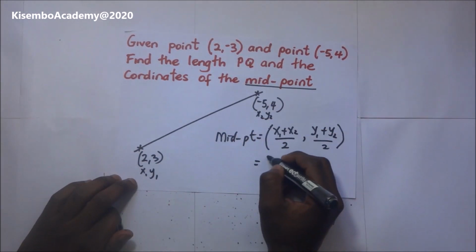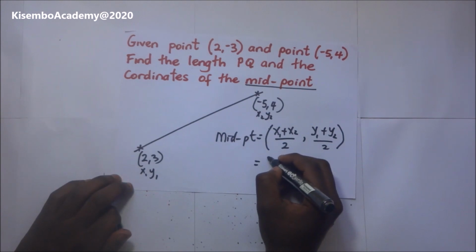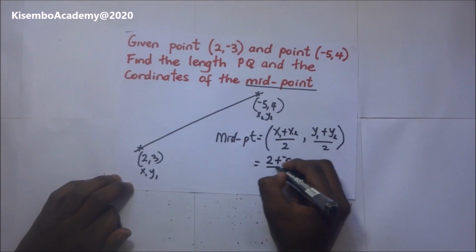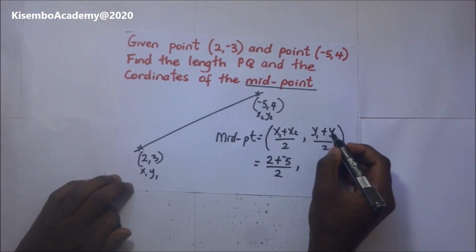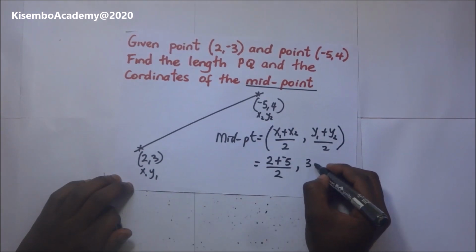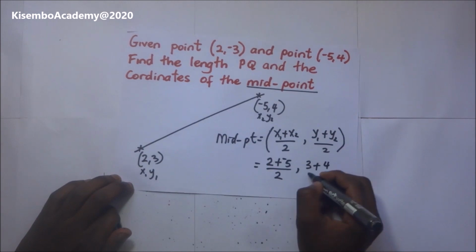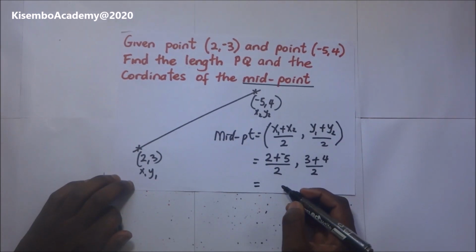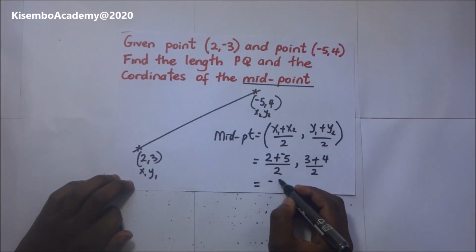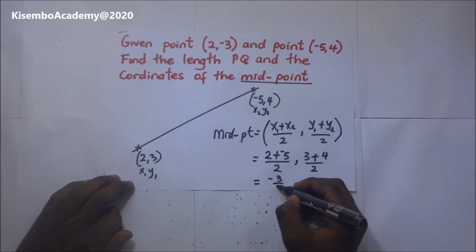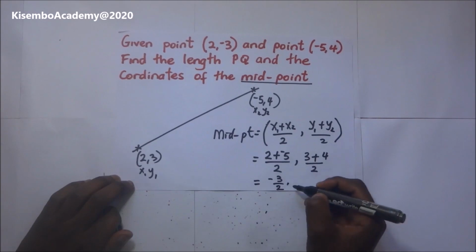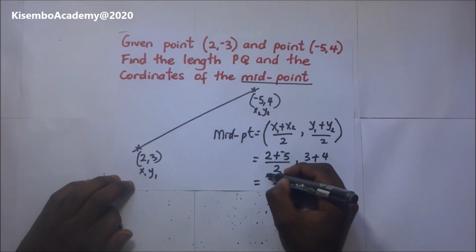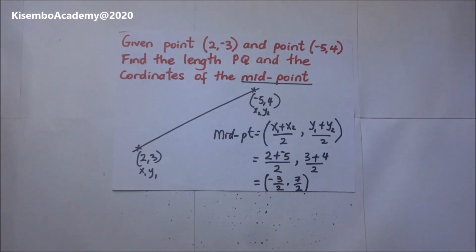So our value of x1 in this case is 2 plus x2, which is -5, divided by 2, and y1 is -3 plus y2, which is 4, divided by 2. And our answer there is going to become (-3/2, 1/2). These are the coordinates of our midpoint.